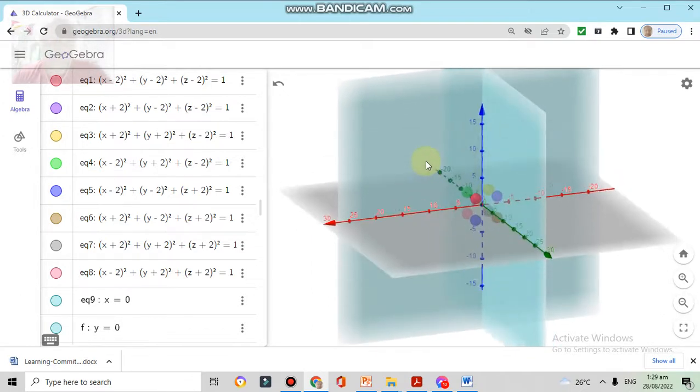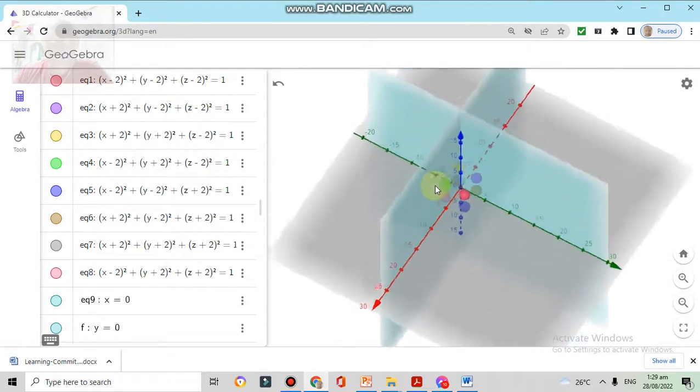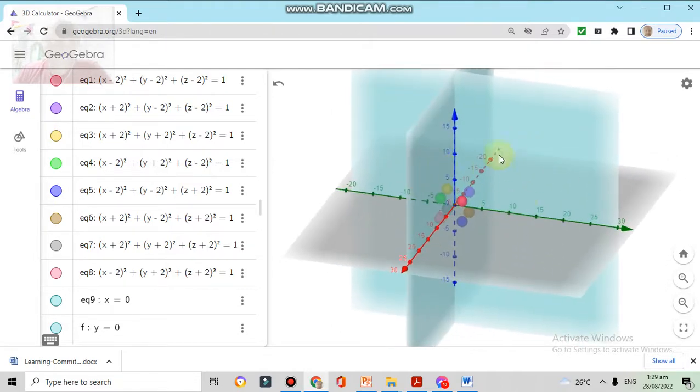Okay, class, do you see this xz plane? If this xz plane intersects with the xy plane, their intersection results in the formation of the x-axis. If the yz plane intersects with the xy plane, their intersection forms the y-axis.